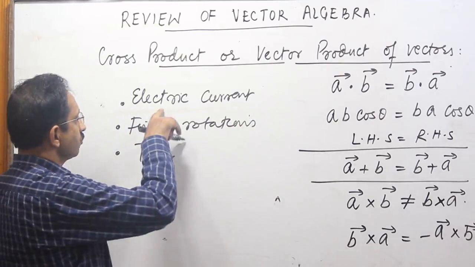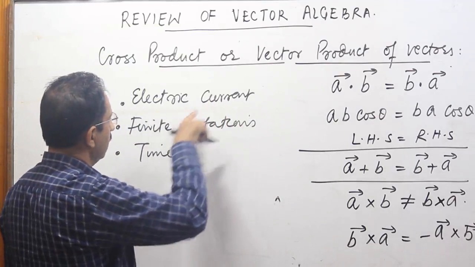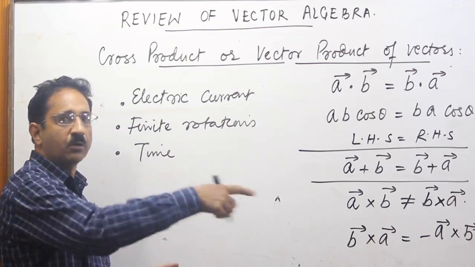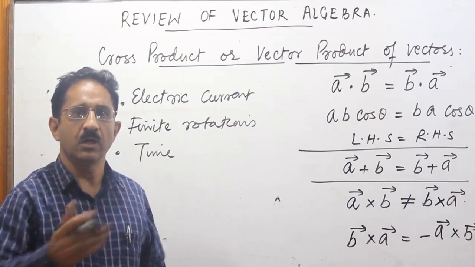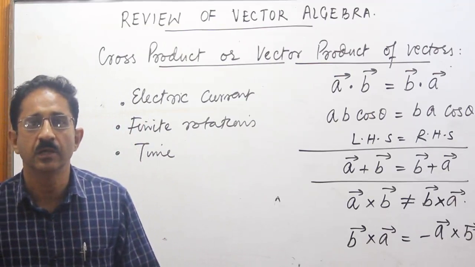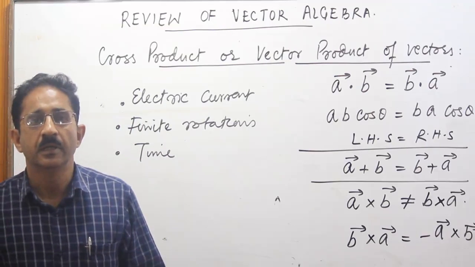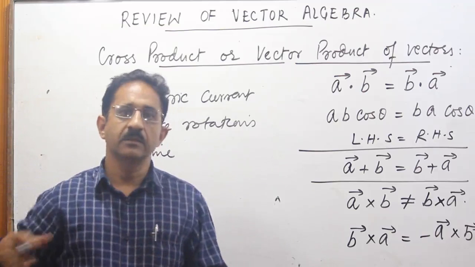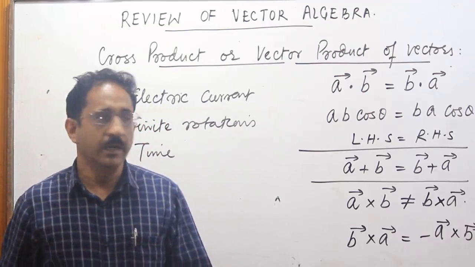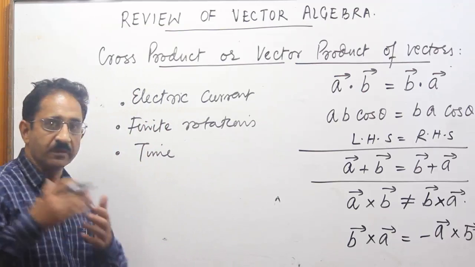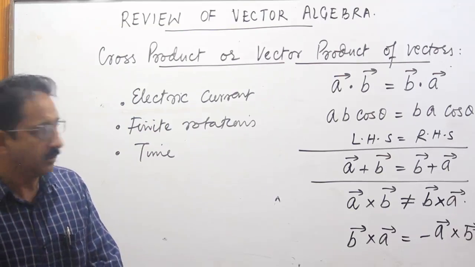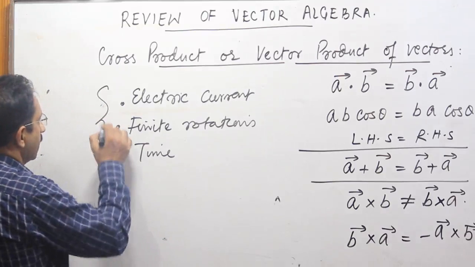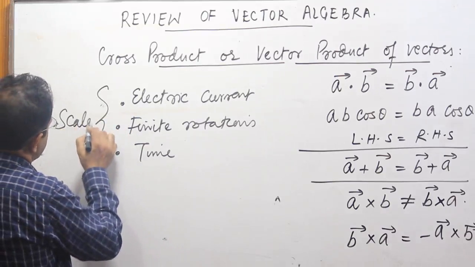There is a direction associated with electric current in the circuit. There is a direction of a finite rotation which may be anti-clockwise or clockwise, say anti-clockwise through an angle of 90 degree, or there may be a direction like clockwise through 180 degree. And similarly, time seems to be flowing from past to the future. But in spite of direction possessed by these quantities, they are still graded as scalars.